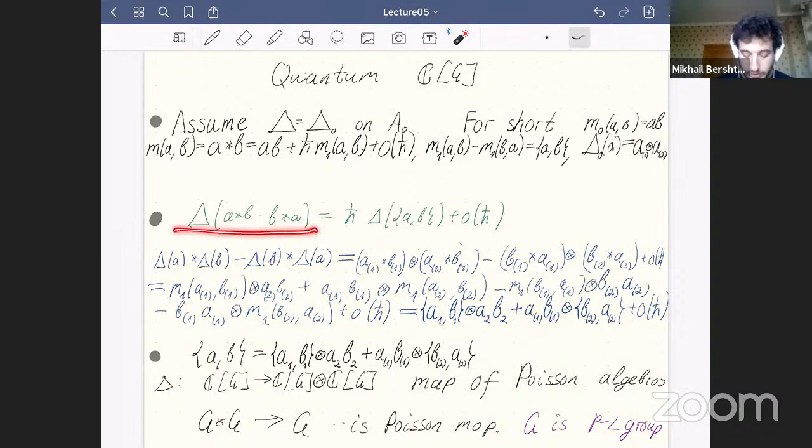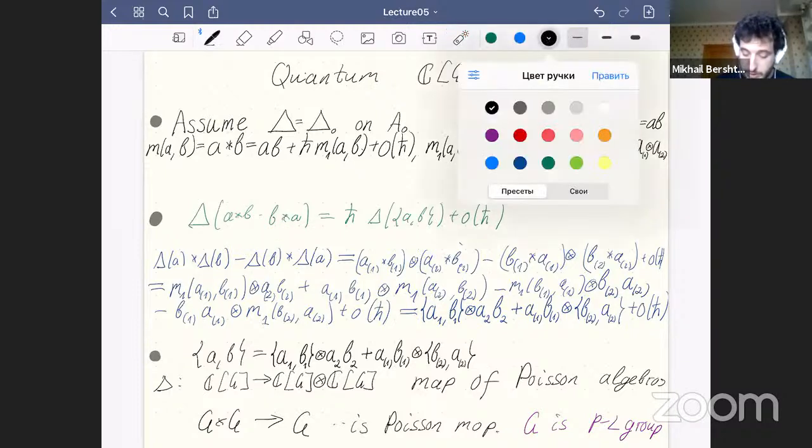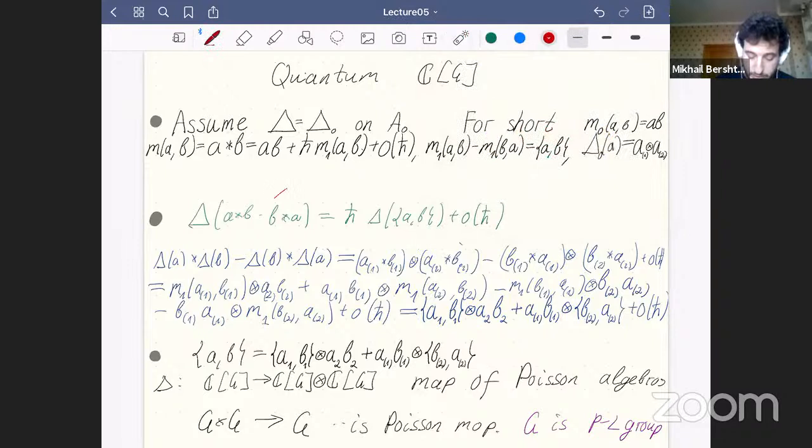First, I want to compute the green side. This a times b minus b times a is equal to ab plus h bar m1 of ab minus ba minus h bar m1 of ba plus O of h.